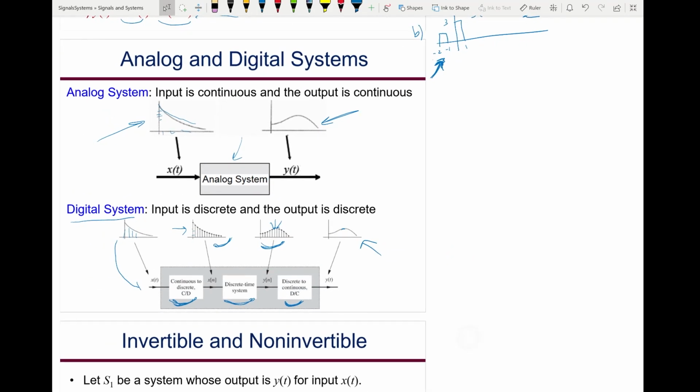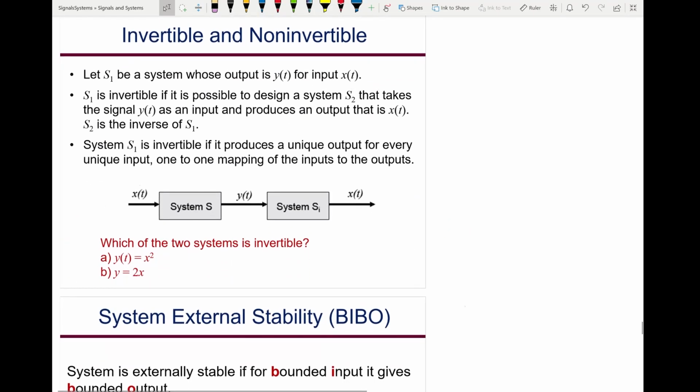Interpolation. Okay, the next classification is invertible and non-invertible systems. If I have this system and I want to determine whether it is invertible or non-invertible, well, if I give it this input x of t and it gives me this output y of t, now if I can build a system that will take this output and give me back the input, then this is an invertible system.